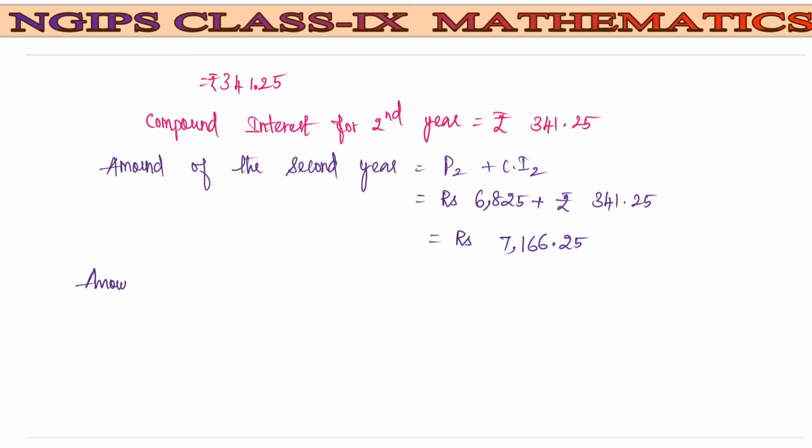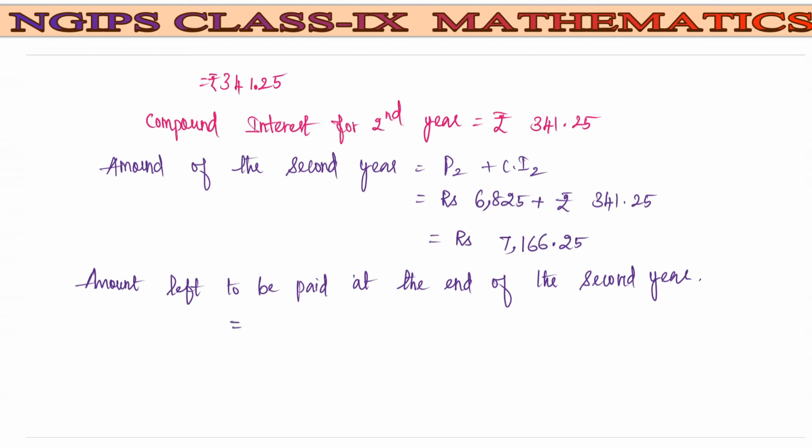Amount left to be paid at the end of the second year. So in the second year, in this condition, the man pays 42% of 7,166.25.